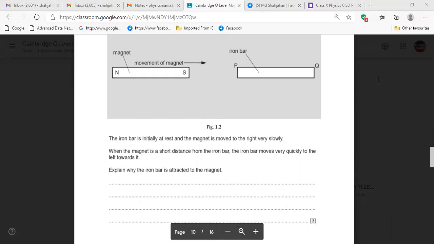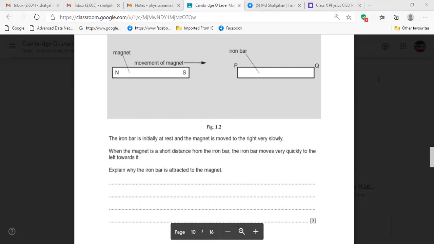Okay, so how is the iron bar getting that pole? It was far away, it was not closer to the magnet. At that time also it has a pole, or when it was brought closer to the magnet, that time it got a pole.